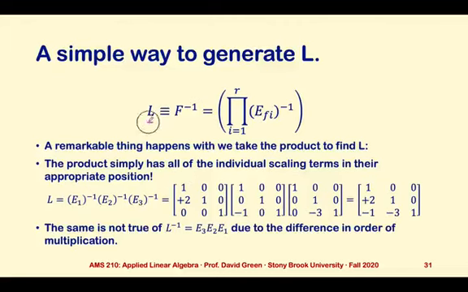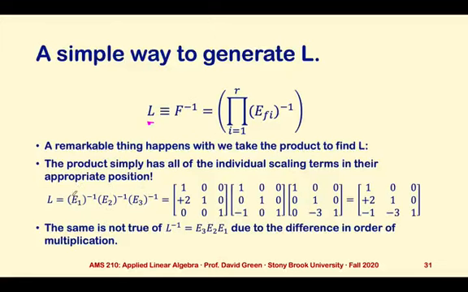So how would we generate L from those matrices we discussed before? We would take the product of the elimination matrices, and we apply them in the reverse order, applying the inverse of E3 first, then the inverse of E2, then the inverse of E1.